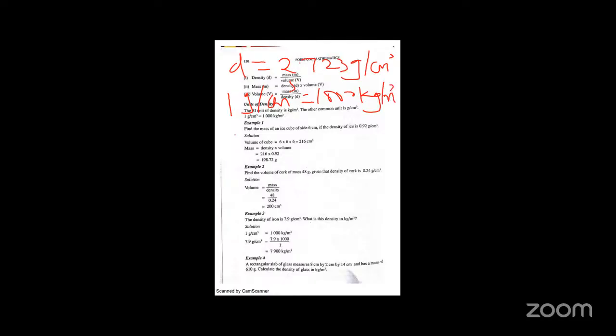Sorry for that. How about 2.723 grams per cubic centimeter? So when you cross multiply, you will simply have 2.723 times 1,000 divided by 1. So when you multiply that, it will simply lead you to 2,723 kilograms per cubic meter.